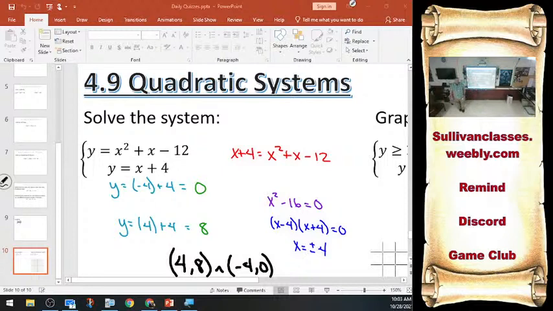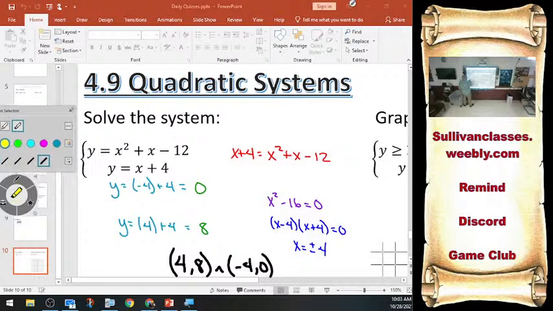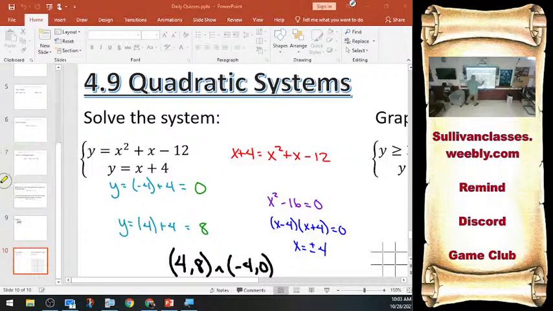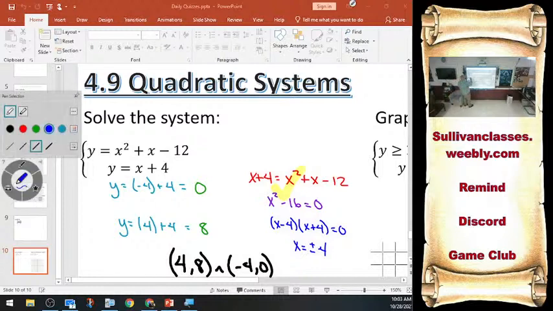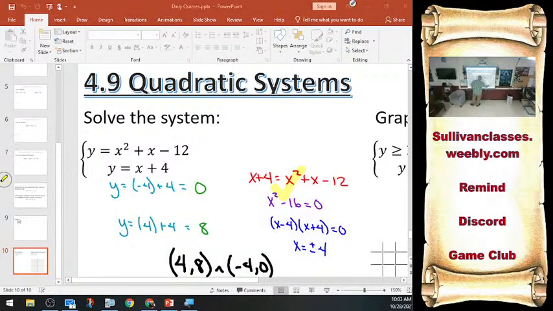Okay? So, did you substitute or eliminate to get to one of those, blue or green? Did you substitute or eliminate to get to the quadratic? Did you solve said quadratic?